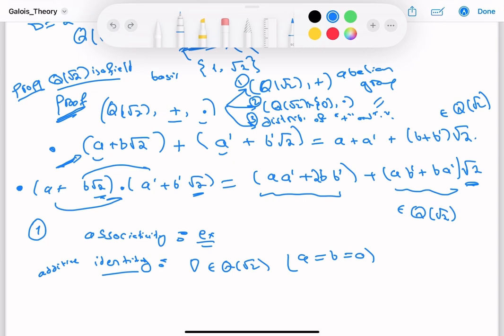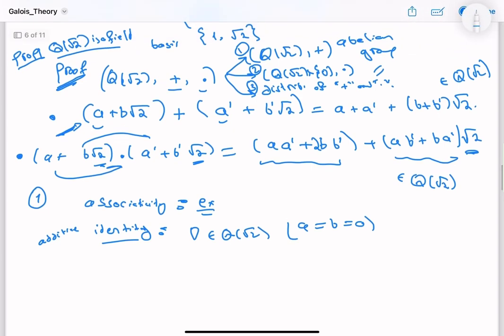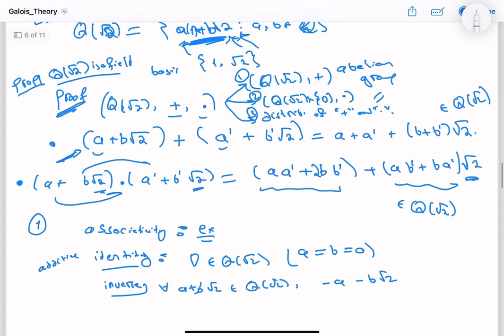The other thing that I wanted to mention here is the inverses. For every a plus b square root of 2 in q square root of 2, what's the inverse of that? Well, the inverse is negative a minus b square root of 2. It's the obvious one, because this is how we're defining addition.